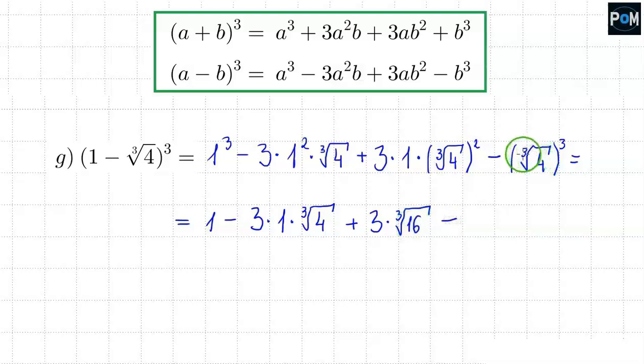Minus the cube root to the third power, it cancels out, and what remains is just the number 4. We simplify. 1 minus 4 equals negative 3. Subtract. And from here we get 3 cube roots of 4, plus 3 cube roots of 16, and that's the end. There's nothing more we can do with it.